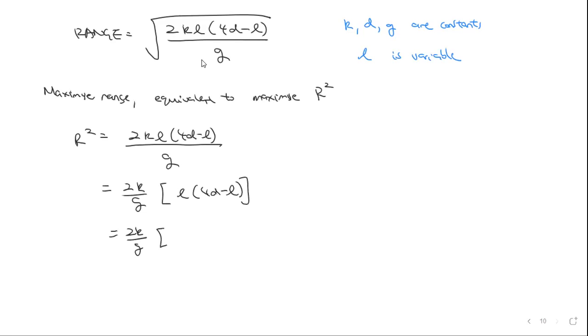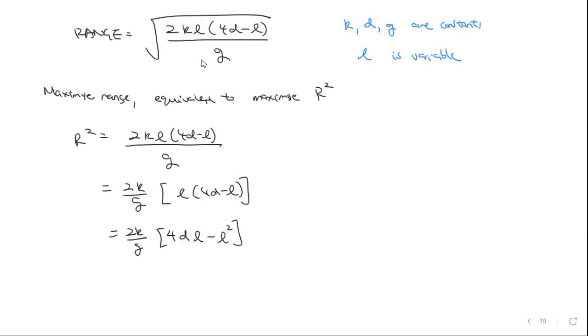It's up to you how you want to do this. You could use the product rule. I will consider it in terms of a quadratic. I have the option of using calculus and taking the first derivative and letting that equal 0.